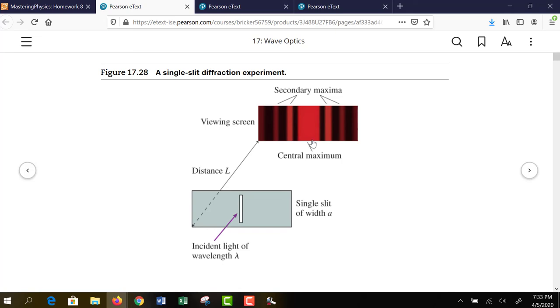In the double slit picture, there's a central maximum, but it's not twice as big as the other ones. Here, the central maximum is twice as big. The distance to the screen is the same, called L. The slit width is called A, and then we have a wavelength of light coming through. So you have to keep that picture in mind when you're thinking about these different scenarios.